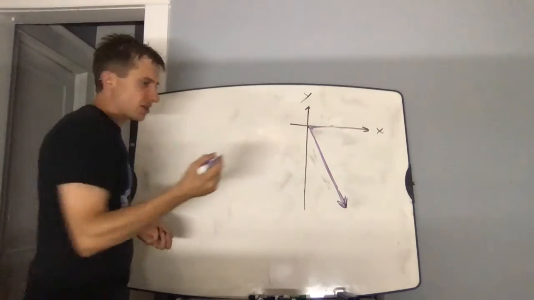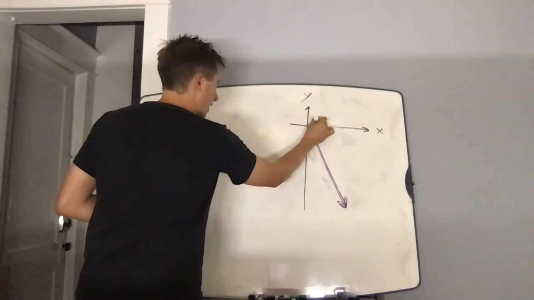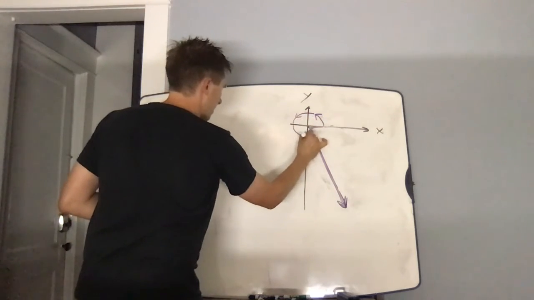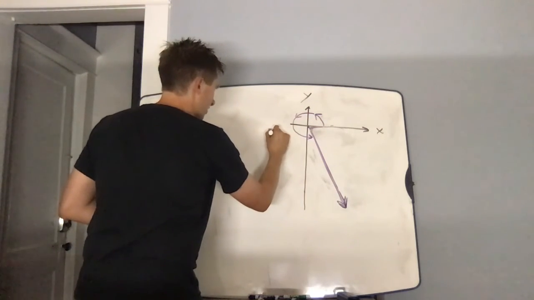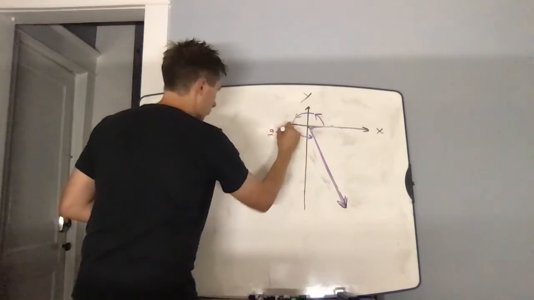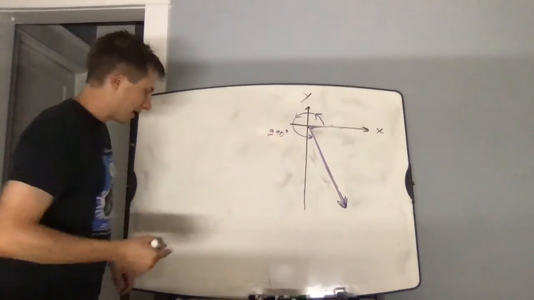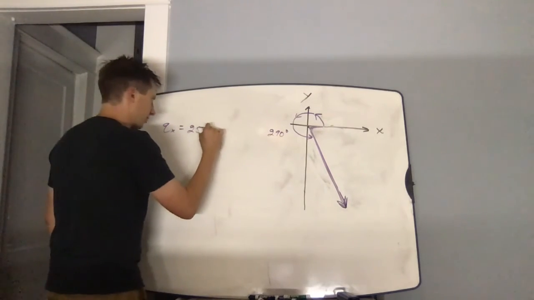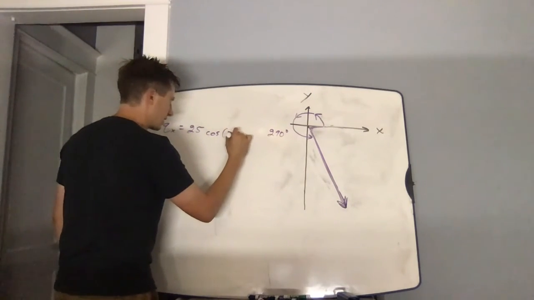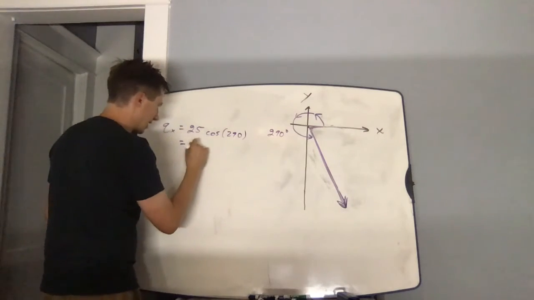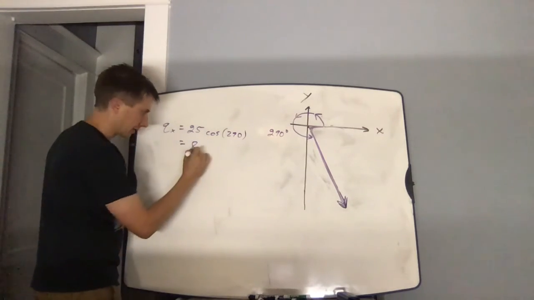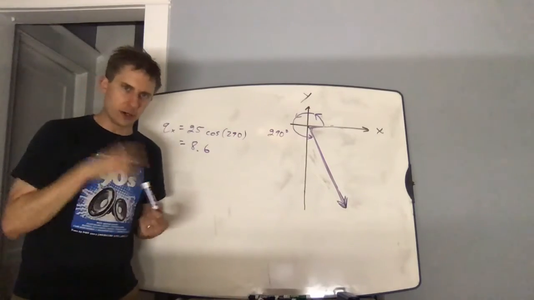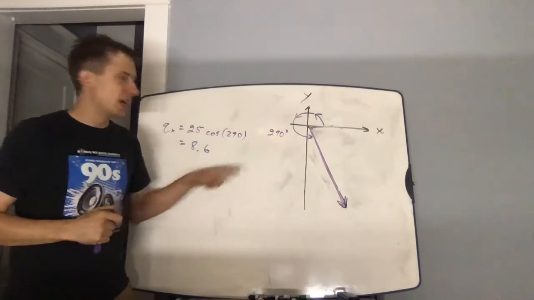So when we did that, we rotated counterclockwise, and we said this angle is 290 degrees. So I said QX is equal to 25 cosine 290, and we got 8.6. There is, technically speaking, another way we could have addressed our angle right here.